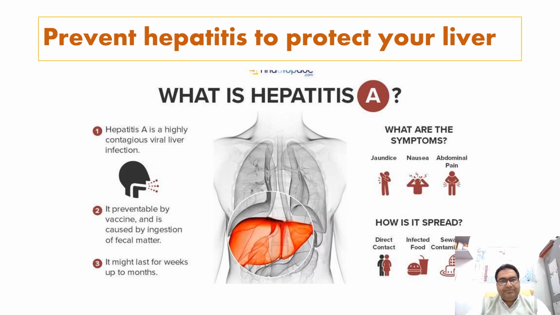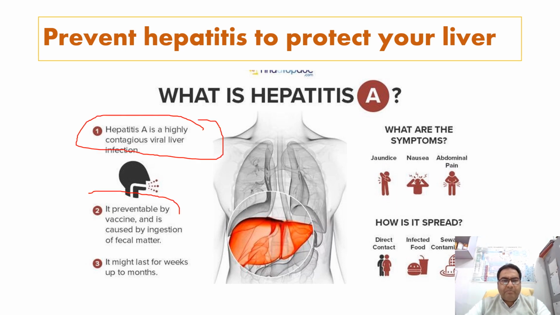Hepatitis may occur with limited or no symptoms, but often leads to jaundice, anorexia, which means a poor appetite, and malaise. As I told you, hepatitis is of two types, that is acute and chronic, and there can be different kinds of hepatitis, that is A, B, C, D, E. Let us have a little bit of knowledge about hepatitis A. It is highly contagious and it is a viral liver infection.